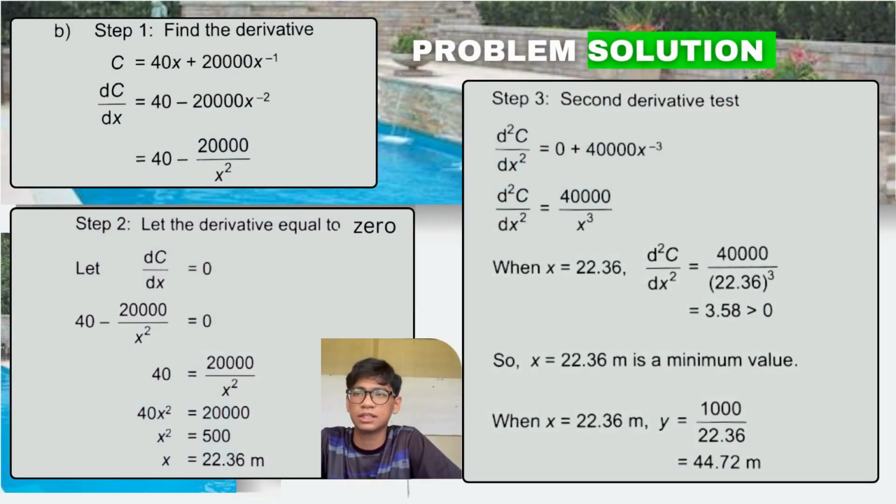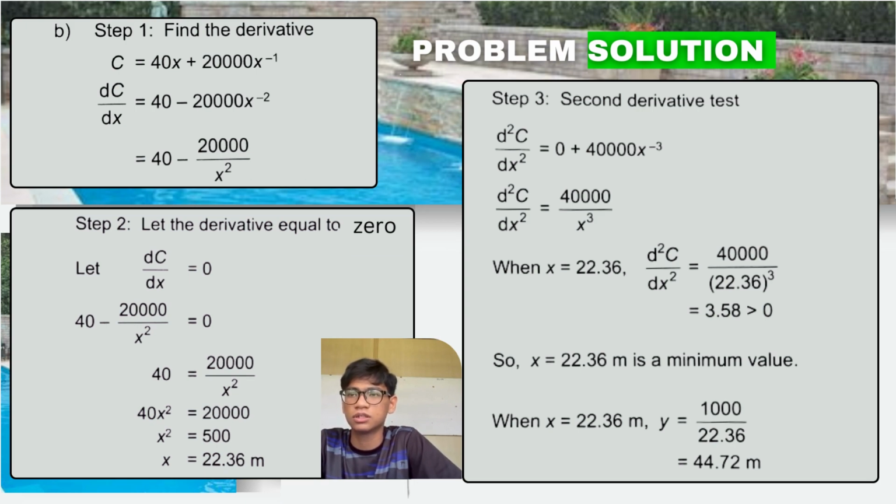Step 3. Second derivative test. So we have to do the second derivative test. It will become d squared C over dx squared equals 0 plus 40,000x to the power of negative 3, and then bring x to the power of negative 3 below 40,000. When x equals 22.36, we can substitute x into the equation.